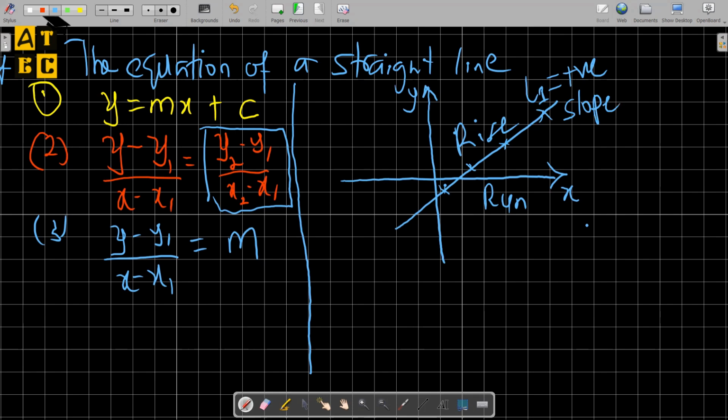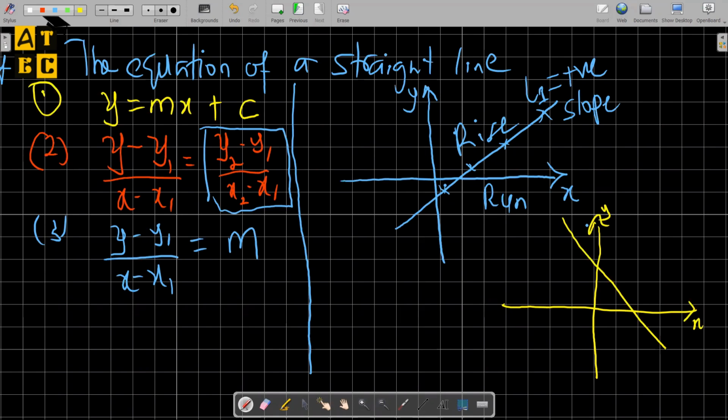However, let us consider a situation whereby the graph goes this way. What did you notice? This is more like a drop over run.